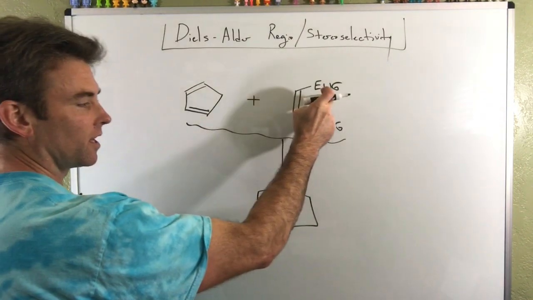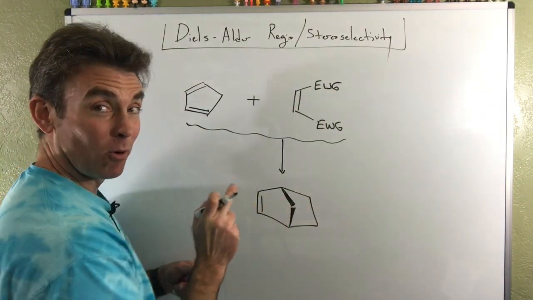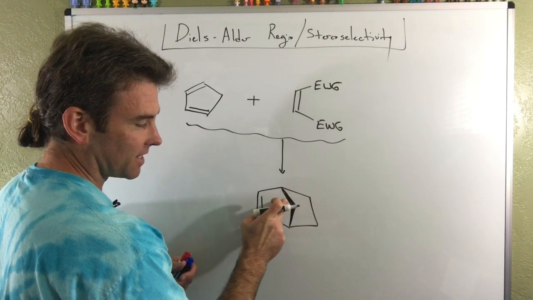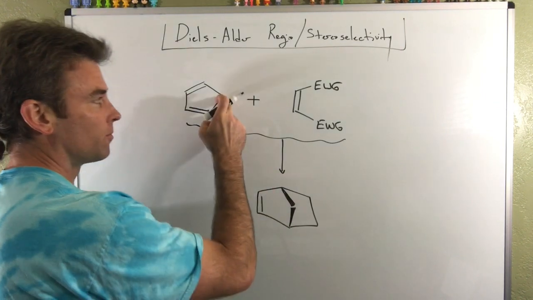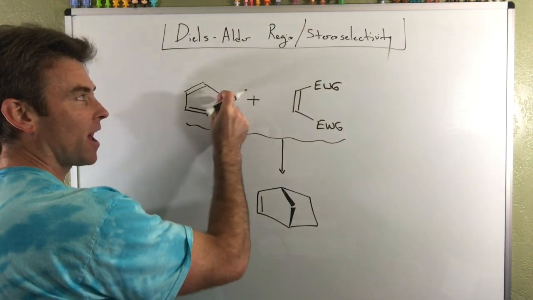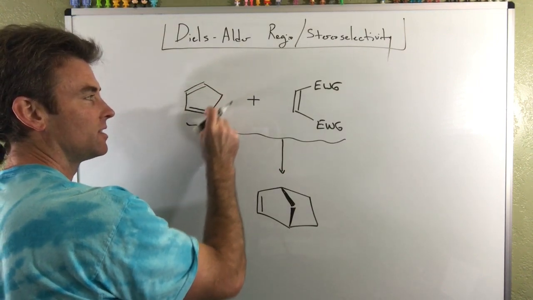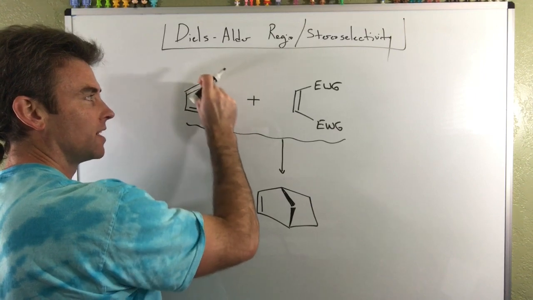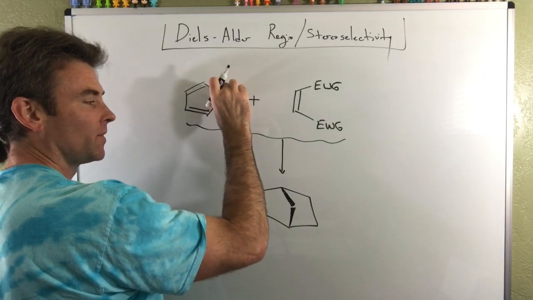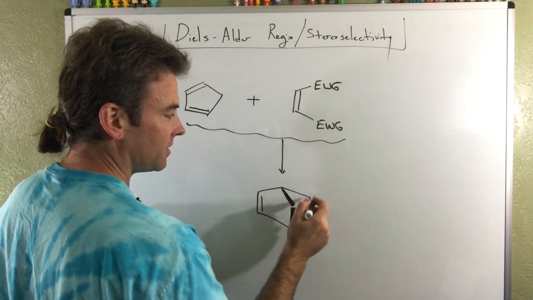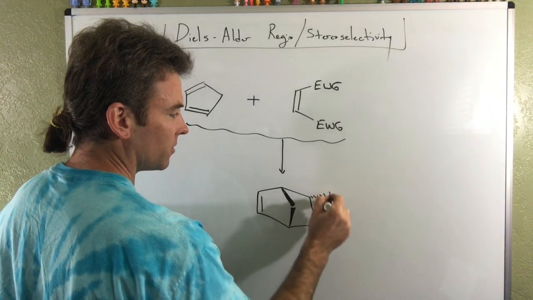You'll notice that those electron withdrawing groups, and this is important, are on the opposite side of this group right here that was held in Pac-Man's mouth. In that s-cis conformation, these positions where those things are pointed in end up on the opposite side from those electron withdrawing groups.